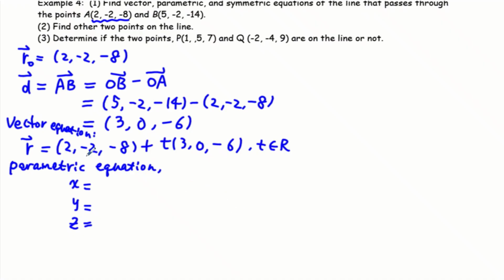The x direction is 2 plus 3 times t, and the y direction is negative 2, since 0 times t is nothing. The z direction is negative 8 minus 6t, and this is our parameter. Okay, t belongs to all real numbers. This is the parametric equation.